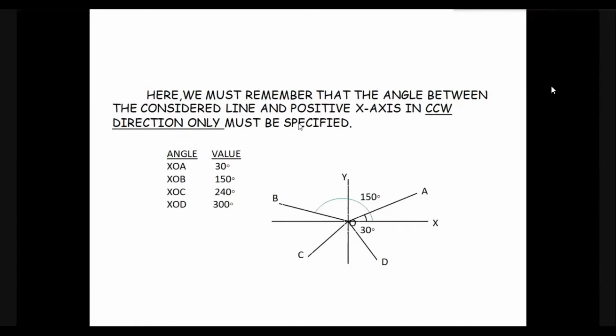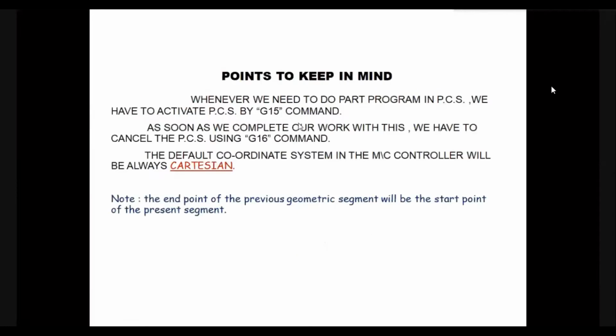Right. So we will go to the next slide. We have to keep a few points in mind while writing the program. Whenever we need to do a part program in polar coordinates, we activate the polar coordinate system by G15. Of course, I have not given you the list. I shall give you afterwards. G15 stands for putting on the polar coordinate system in the machine.